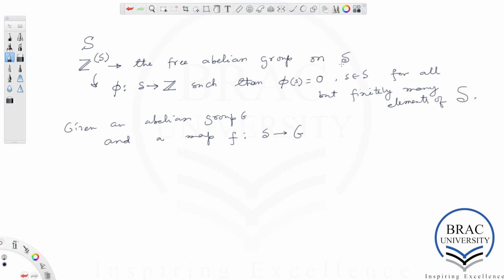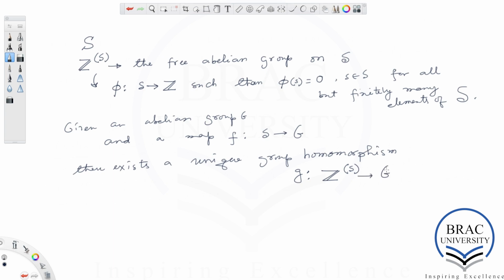Then, given these two things, there exists a unique group homomorphism g from Z to the S to G, with g composed with this hook equal to f. So in other words, the following diagram commutes.